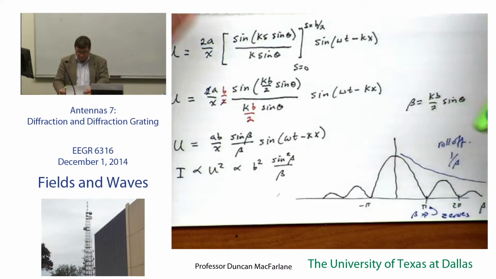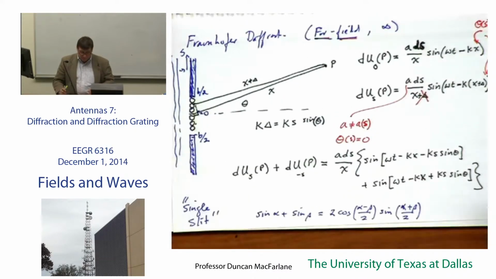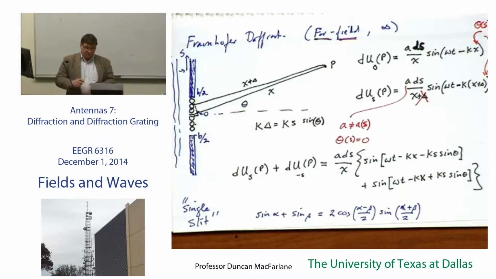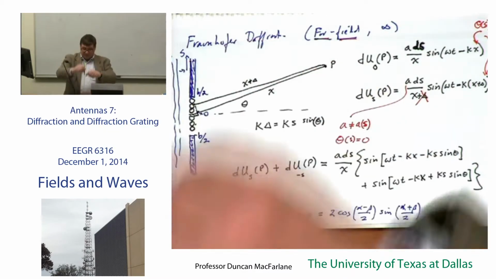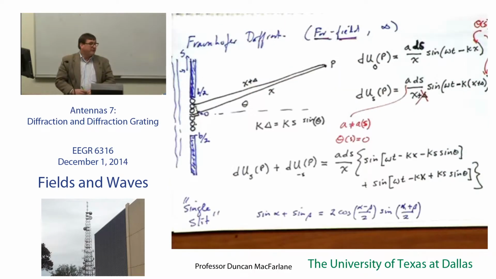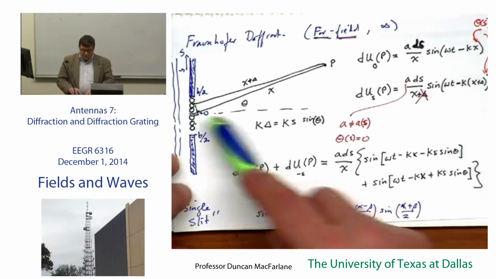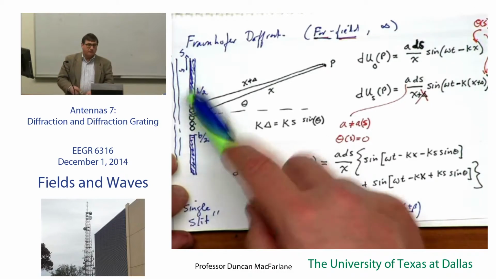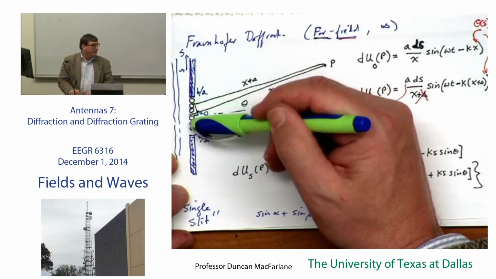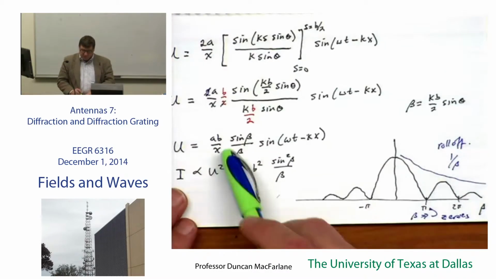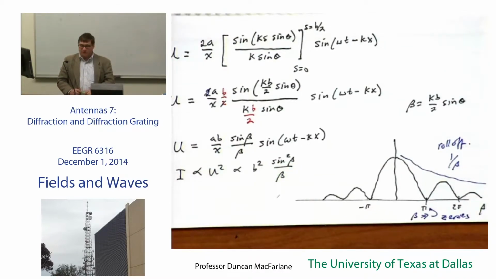Now, if you look at our initial problem, we had a slit, and the slit was infinite in this plane coming out of the paper. And if we went to the far field, i.e. at infinity, the pattern was not a uniform distribution of radiation across the aperture, but it transformed into the sine of x over x behavior, or sinc function.